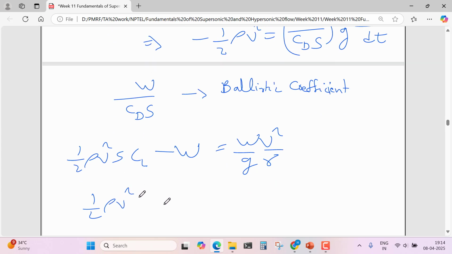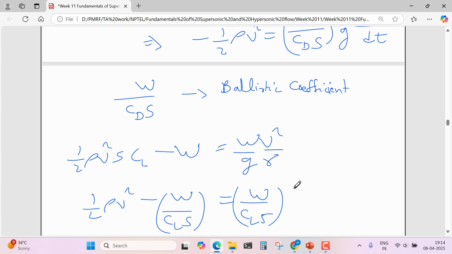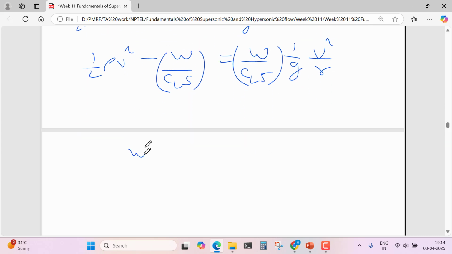We will get half rho V square minus W by CL S equal to W by CL S times 1 by g V square upon R. This W by CL S is called the lift entry coefficient, or you can say lift parameter.